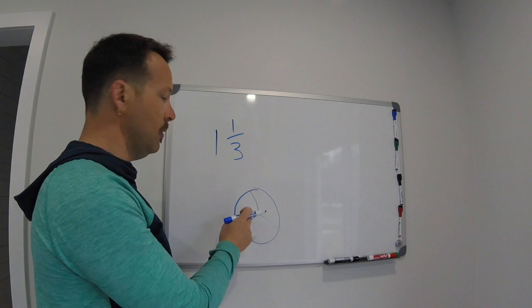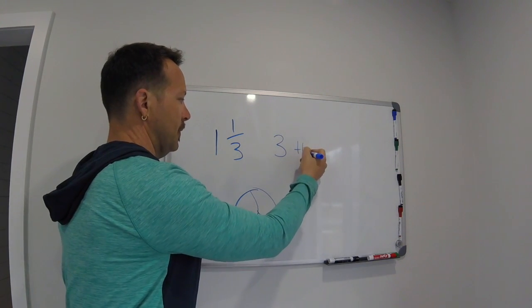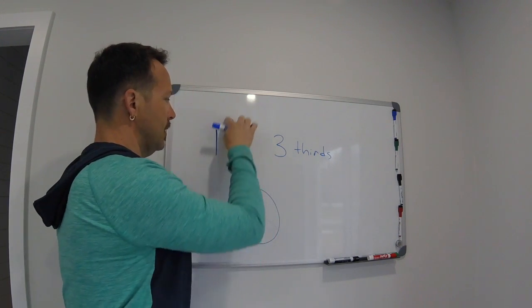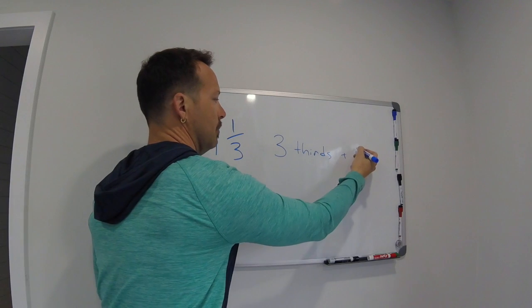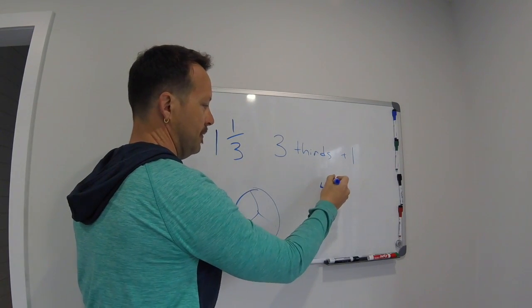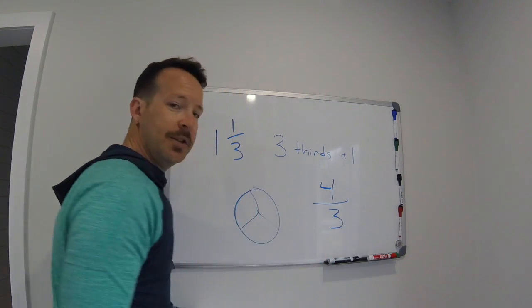Well, there's 1, 2, 3. So there's 3 thirds in 1 pie, plus I have another third left over, plus 1 more third. So 3 plus 1 is 4. So I have 4 thirds of pie.